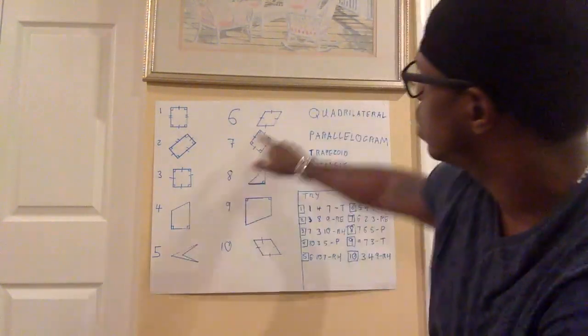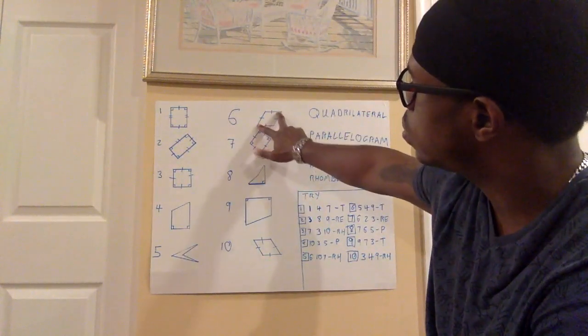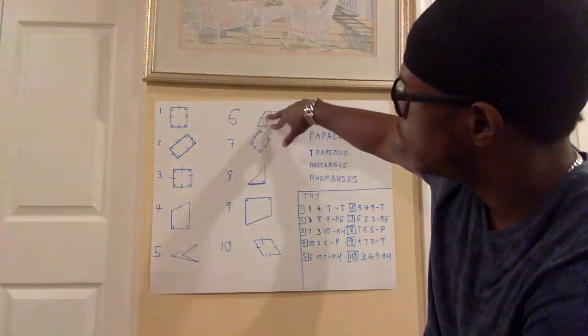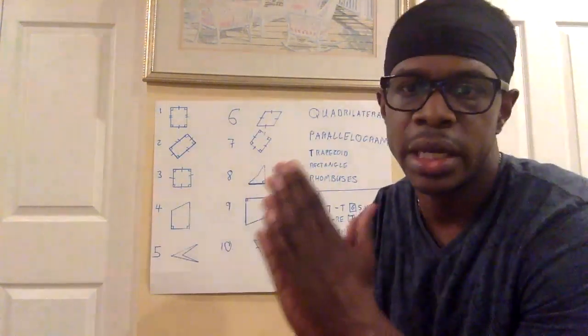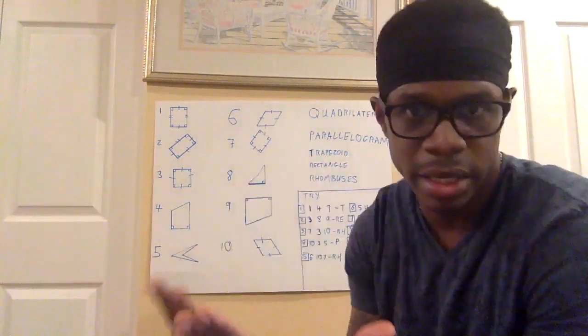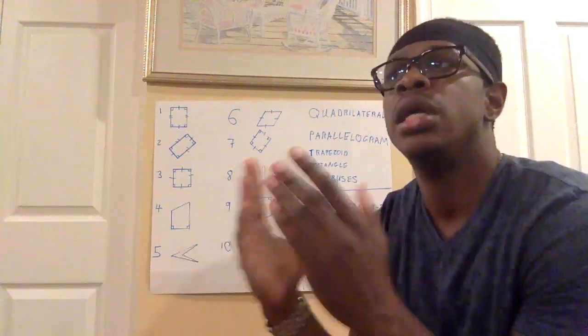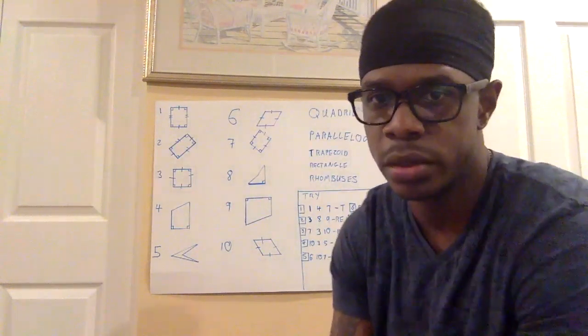So what it's saying is that these 2 acute angles would be the exact same degree, and then these obtuse angles would be the same, or it has 4 right angles or 4 90-degree angles as well. So a rhombus can be a square as well.